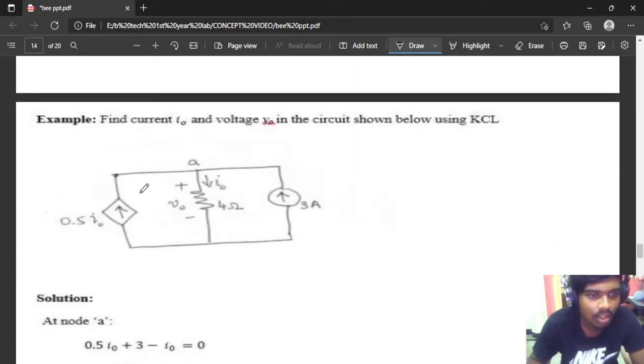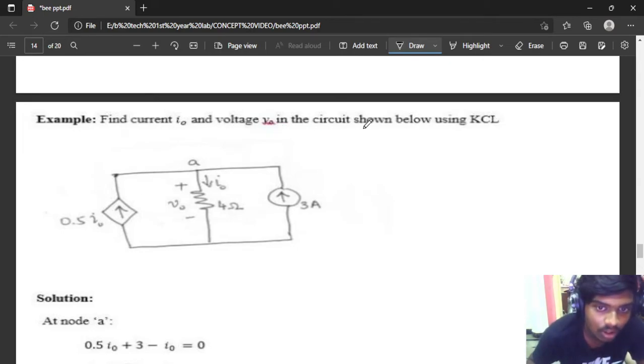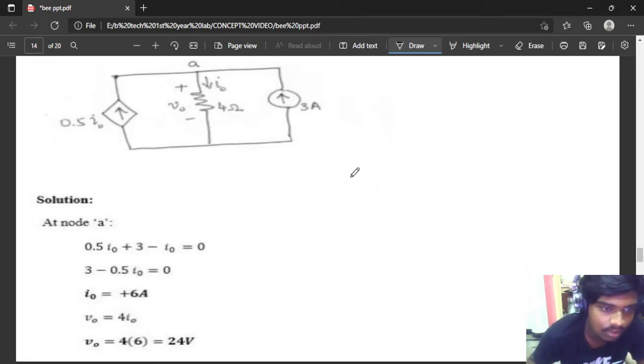And the second one: find the current I0 and voltage V0 in the circuit shown below using KCL.